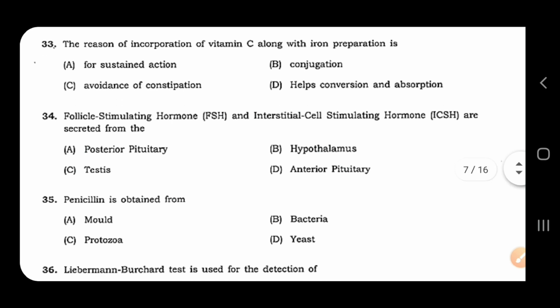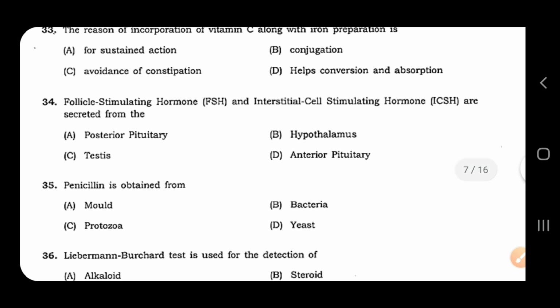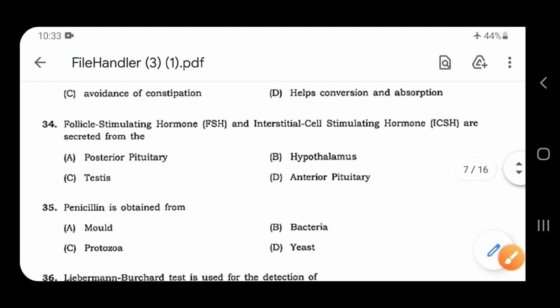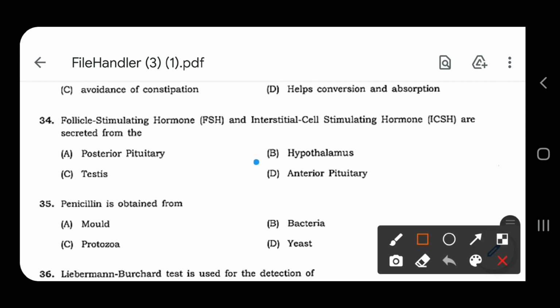From the hypothalamus many hormones can be secreted, mainly corticotrophin releasing hormone, dopamine, growth hormone releasing hormones. From the testes, testosterone is secreted, and from the anterior pituitary, these two hormones are secreted. So, the correct answer for this question is D, that is anterior pituitary.